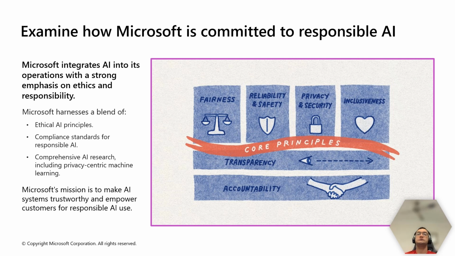And this is a commitment to safeguard the user data in all phases. This is very important if you are working with organizational data. Then we have inclusiveness, which is crafting AI tools for accessibility and benefiting everyone. We have the second-last one, which is transparency. Transparency means keeping users informed about AI systems and their purposes, how they have been used, and offering transparency across the whole system of AI.